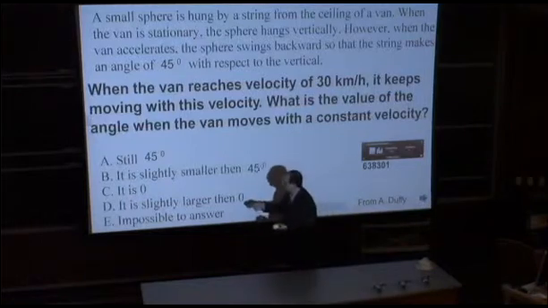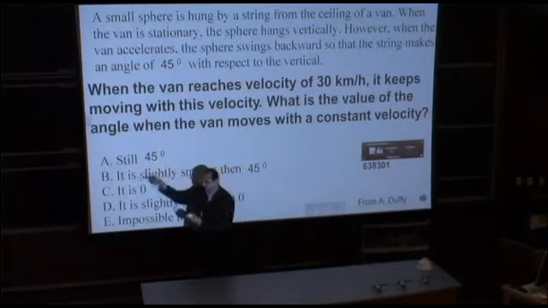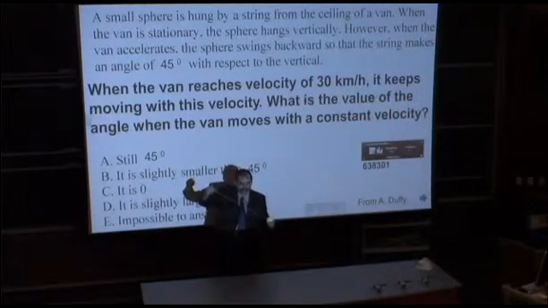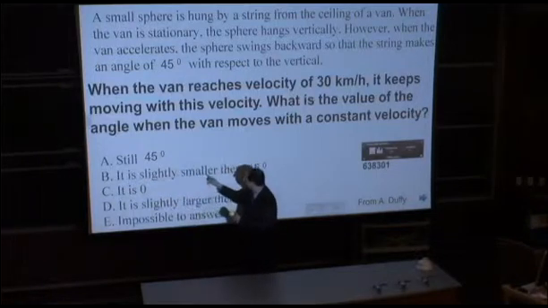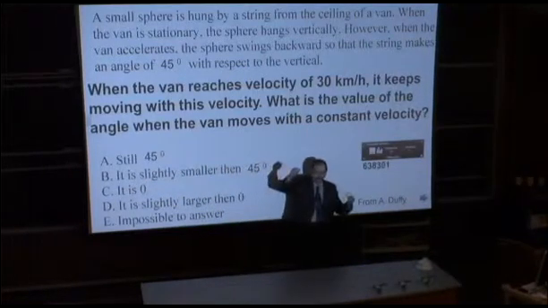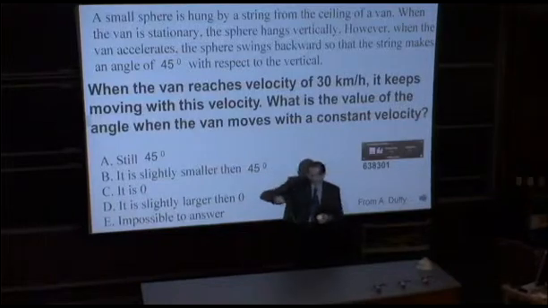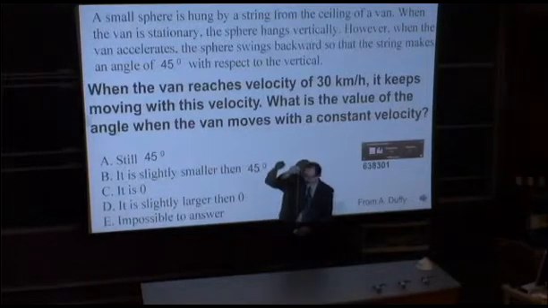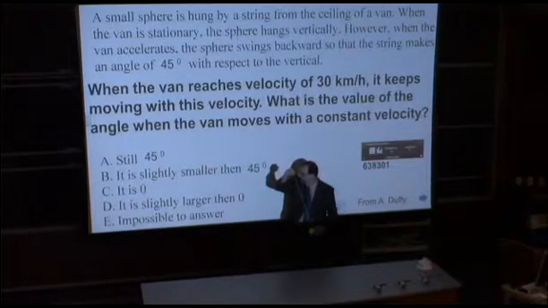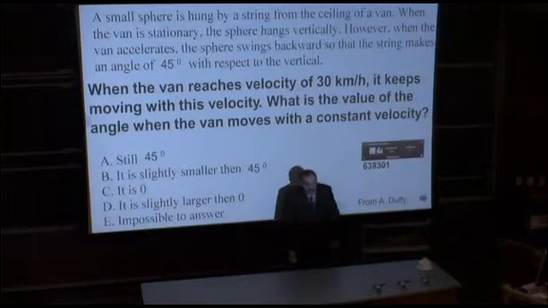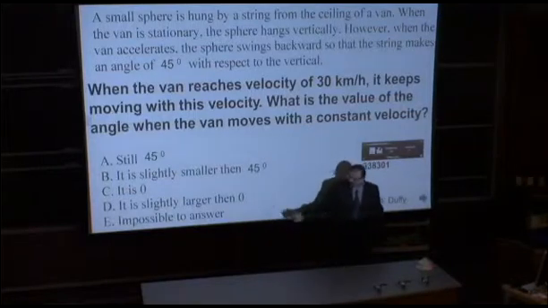And these are possible answers. A, B, C, D, E.